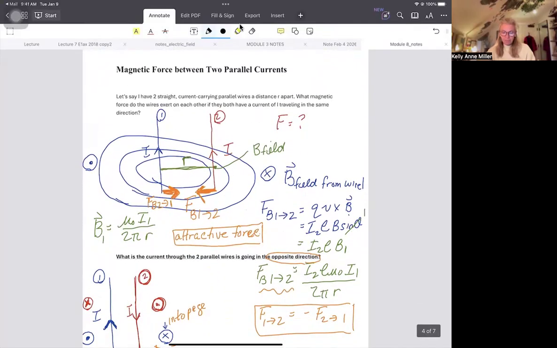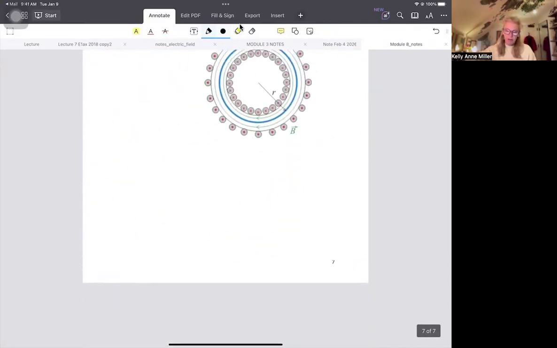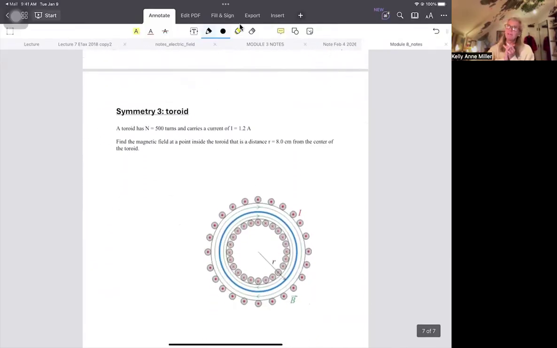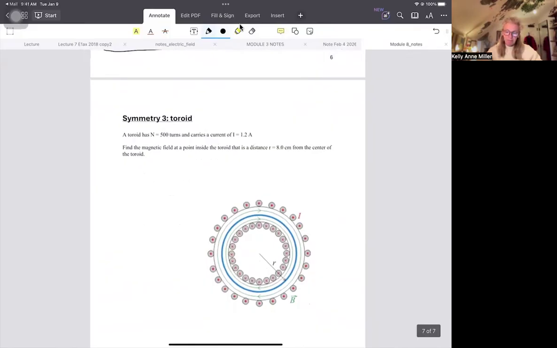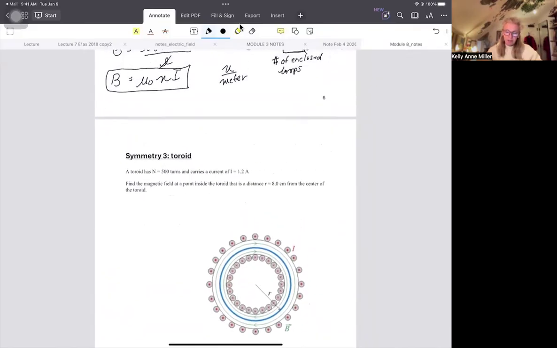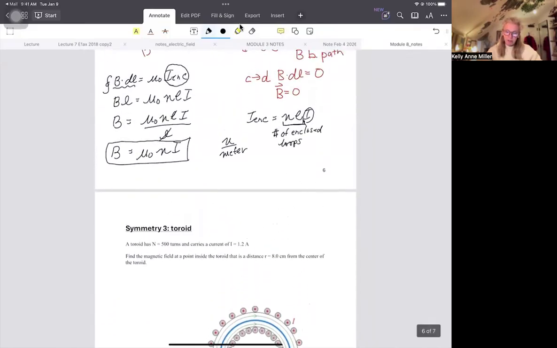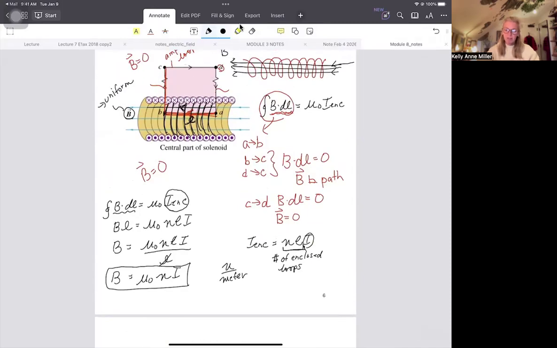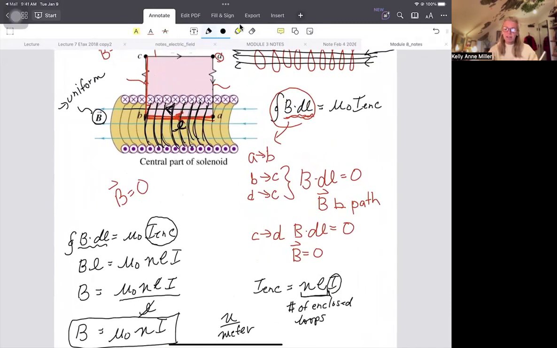Oh yeah, so all the way down here. This one's very similar. The only difference is the geometry is slightly different. Remember I said in the first video, what is a toroid? A toroid is like if I took this solenoid and I made it into a donut.